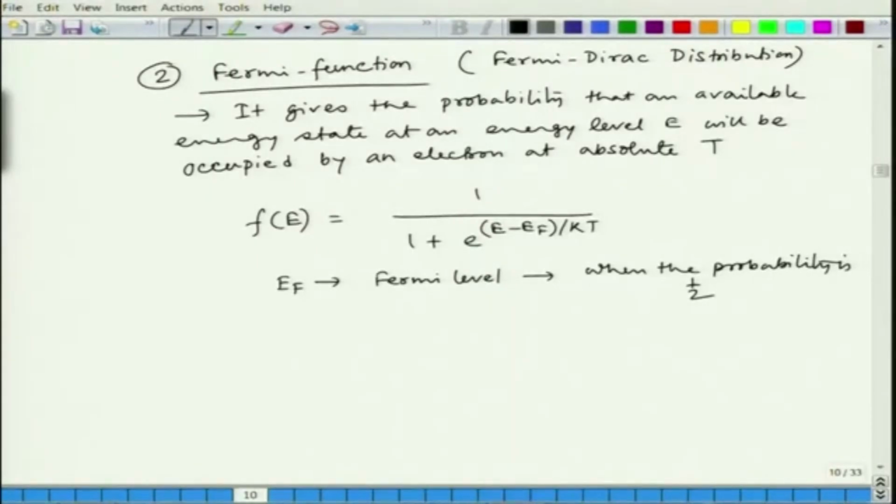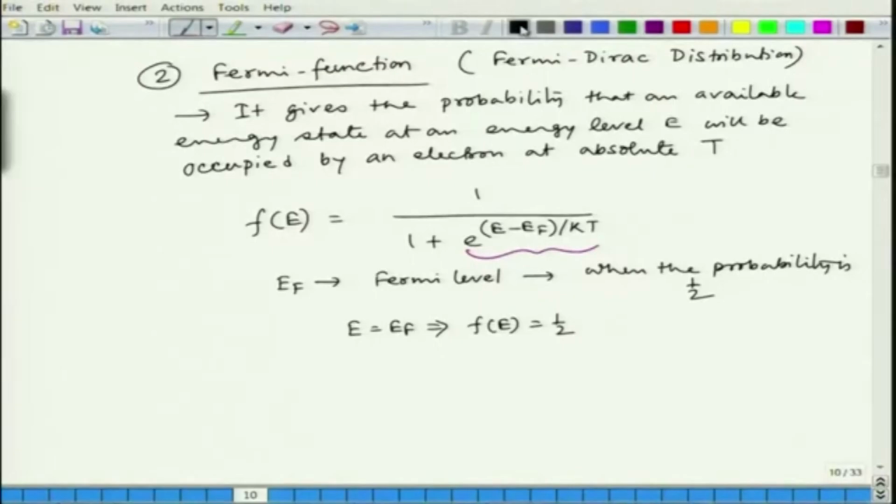Okay. So, E equal to EF gives you F(E) equal to half, right, because the exponential term becomes 1 when you have E equal to EF. So, that is how the Fermi level is defined.